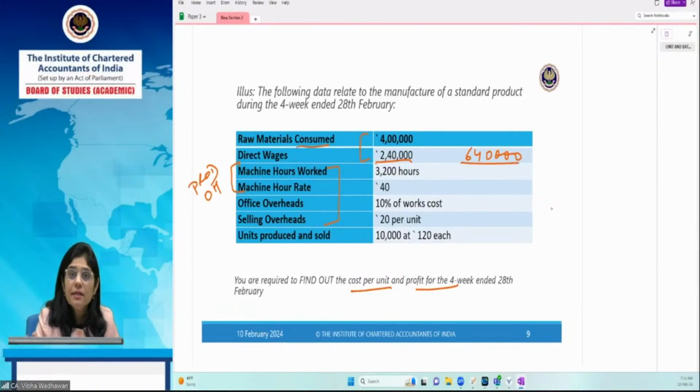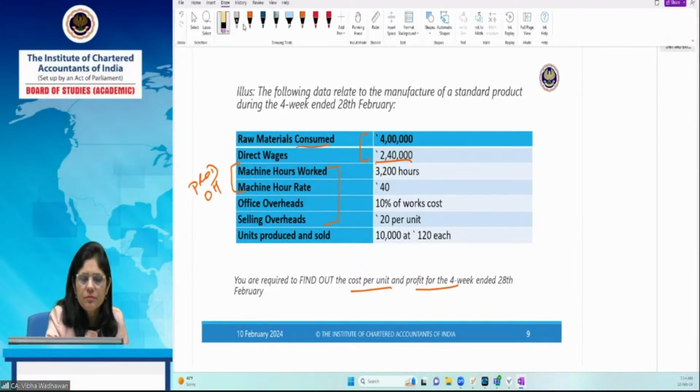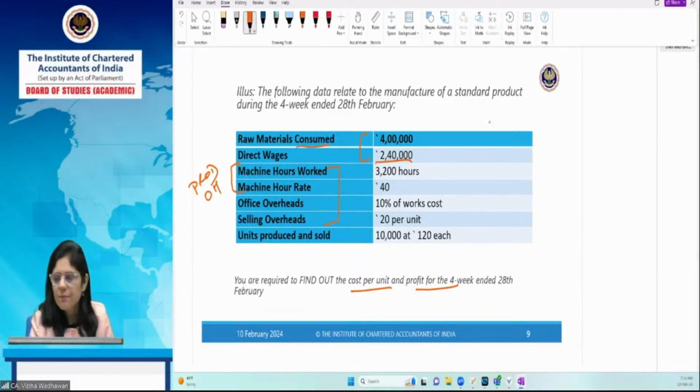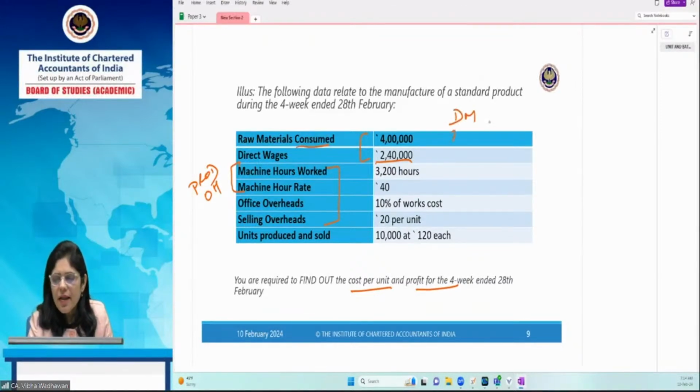We'll be studying that in detail in cost sheet. Direct material is 4 lakh, direct labor is 2,40,000, so 6,40,000 is your prime cost.